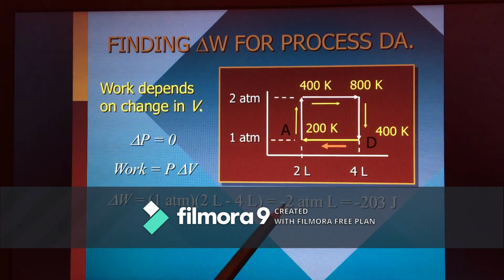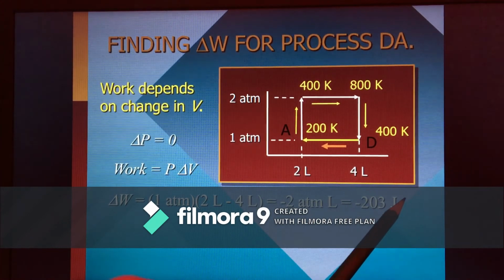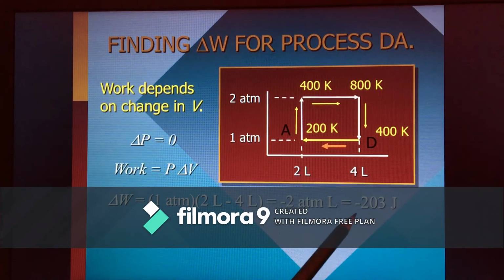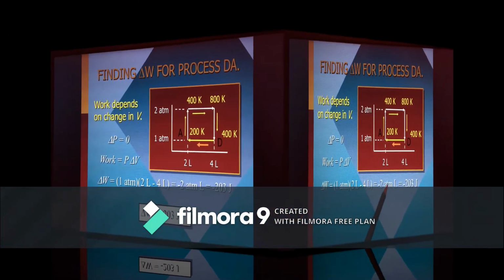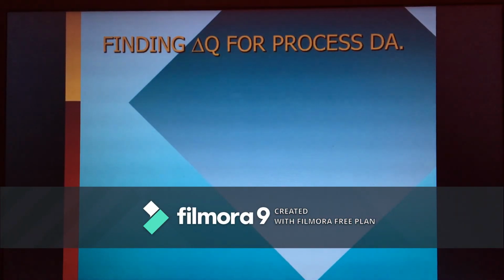So the unit is negative 2 atm L, or negative 203 joules.